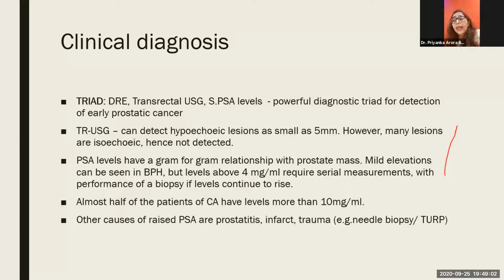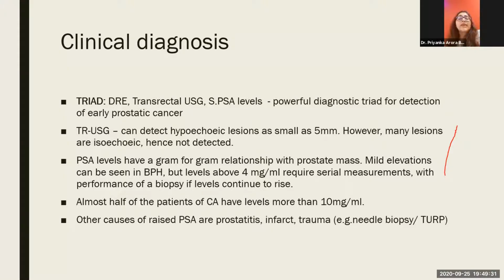Transrectal ultrasound again can detect lesions as small as 5 millimeter, but many of these lesions are isoechoic. That means their texture is just like the texture of the other normal appearing gland, and that is why you're not able to detect that on USG. So nowadays what people are doing is relying on transrectal ultrasound guided biopsies.